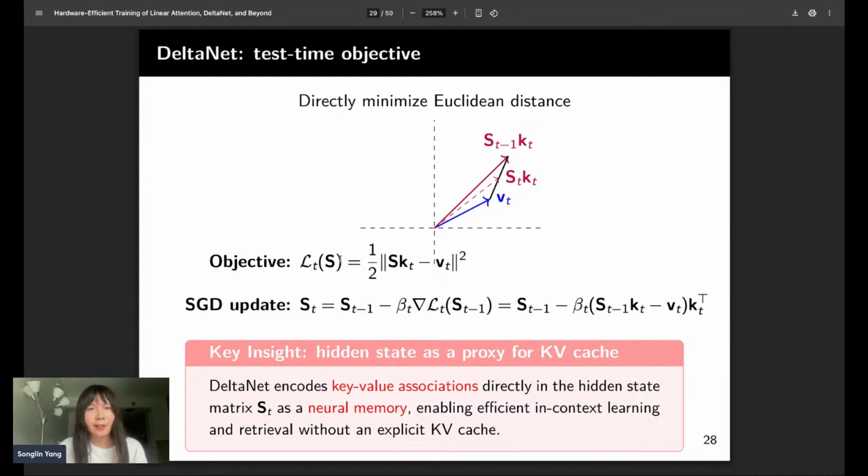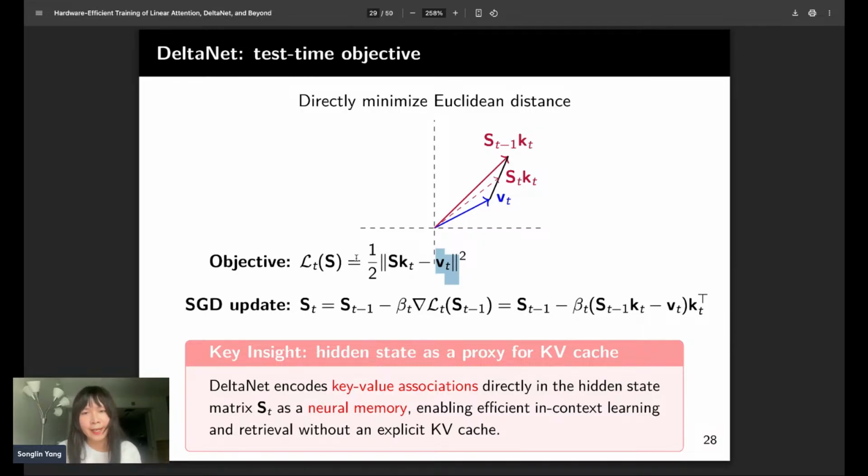The test time training framework also has this interpretation. It regards this recurrent state as the weight matrix, and we use this weight matrix to do a linear transformation, and then we want to recover the input value. And this is a linear regression loss function.